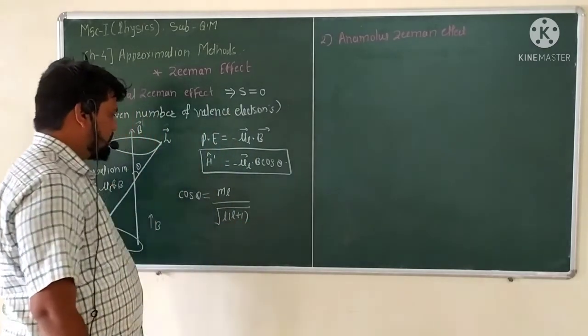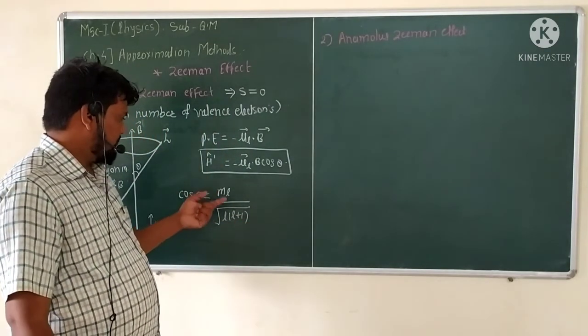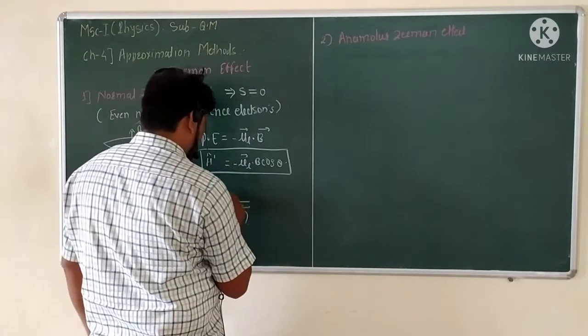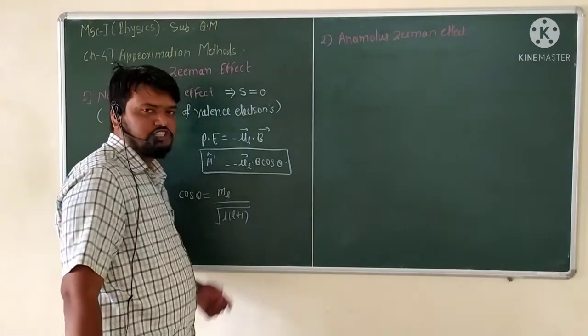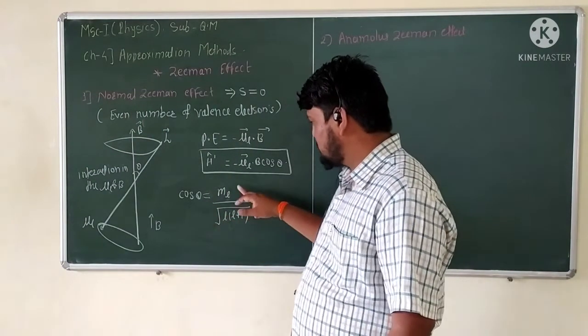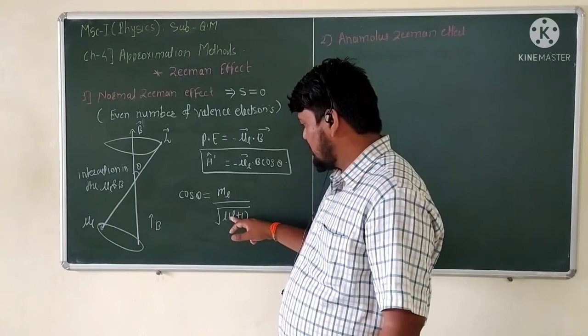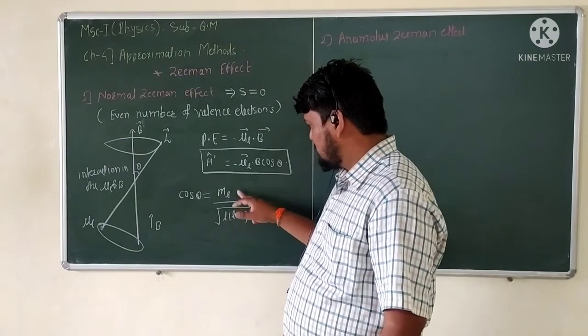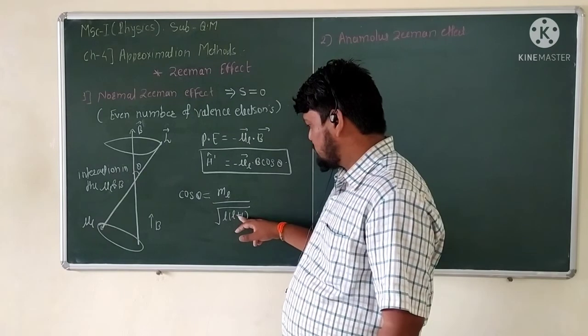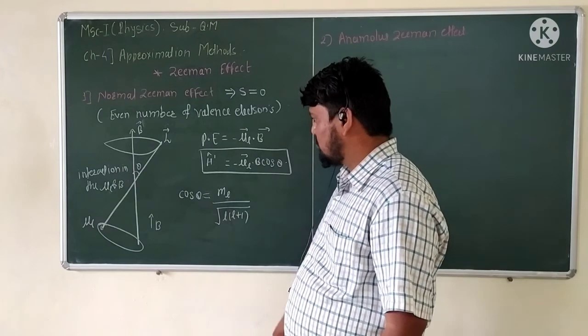For example, for L equal to 1, the ml values are 1, 0 and minus 1. Considering ml equal to 1, we get 1 upon root of 1 into 1 plus 1, which is 1 upon root 2.